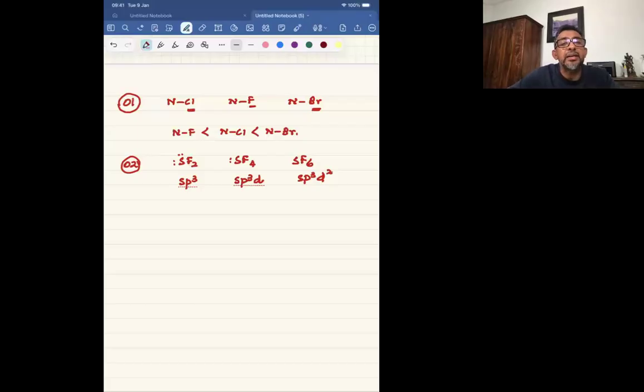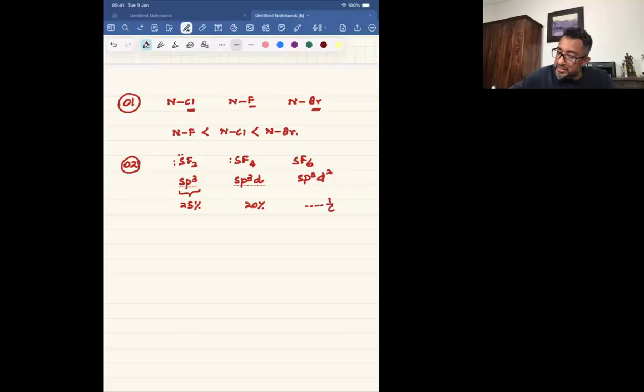Higher the S character, shorter the bond length. Right? So this is 25% S character. This is 3, 4, 5, that is 20% S character. This is 1 over 6 times 100, so it's less than that. You can calculate it, whatever the value.